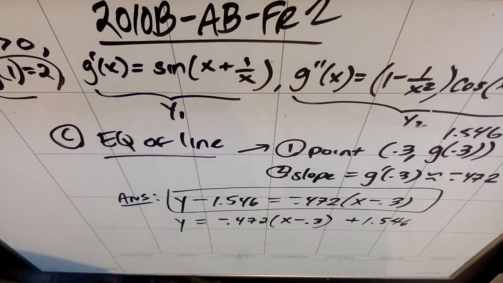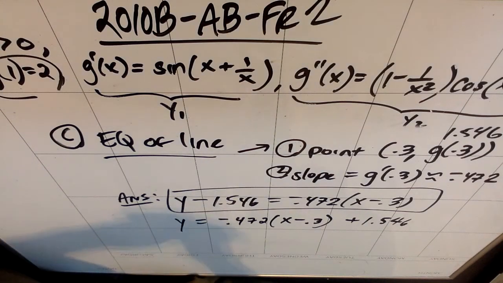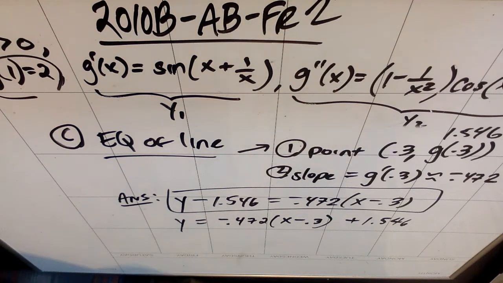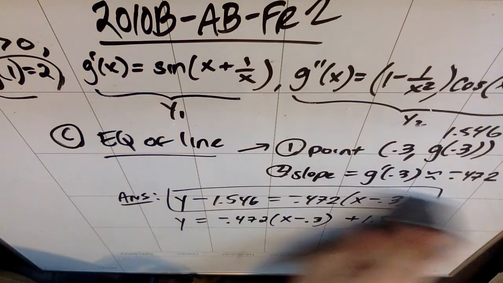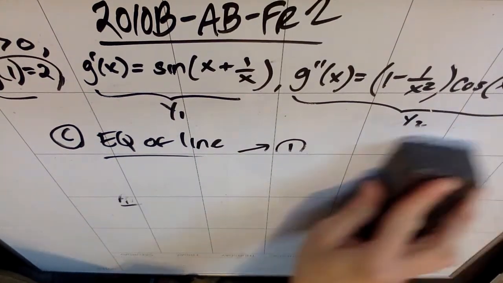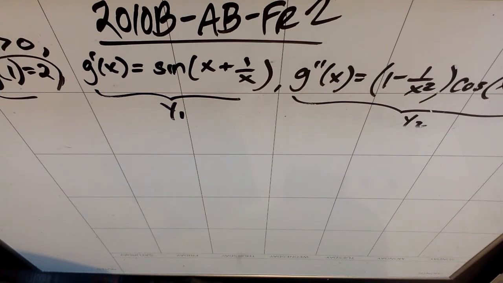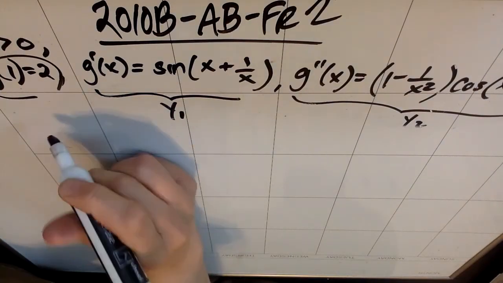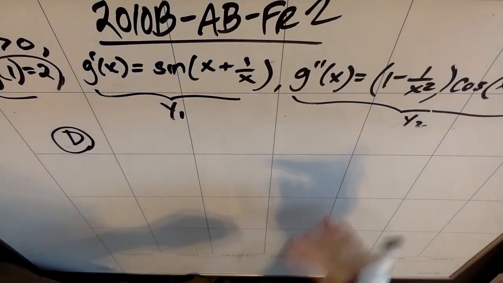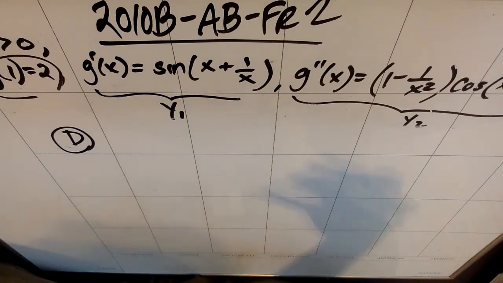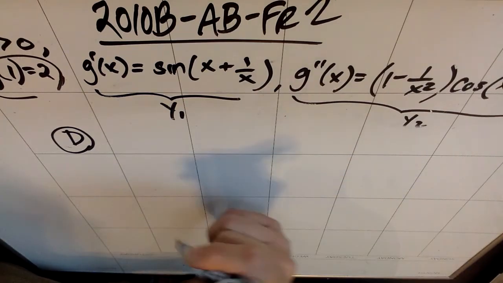Cool. Part D. Does the line tangent to the graph of g at 0.3 lie above or below the graph from 0 to 0.3, and say why? Cool. So this is about concavity. When you're asked if a tangent line is above or below a curve, it's 100% about concavity.